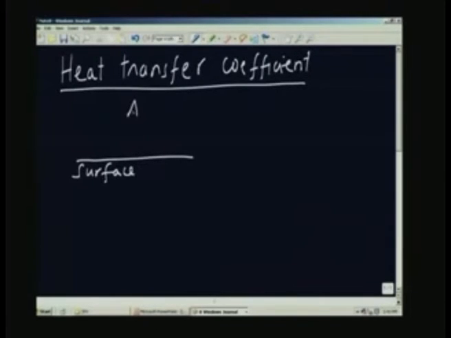Suppose I have a surface and we have an ambient fluid which may be moving. If the surface is at a temperature Ts and the temperature of the ambient is, let us say, Ta, and if I measure the heat flux at the surface, if Ta is less than Ts, it will be in this direction.